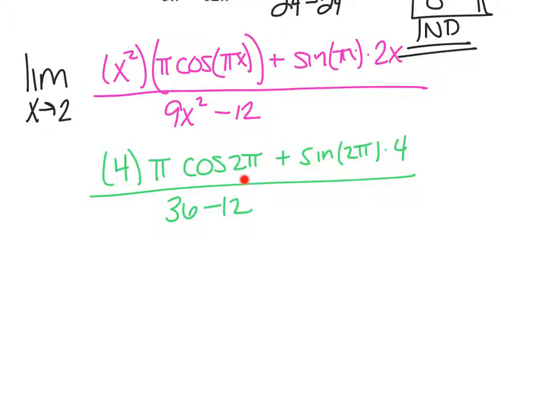And again, I'm going to think of the curve for the 2 pi's. The cosine of 2 pi, when I picture the curve, is 1, so that just disappears, and I'm left with 4 pi. The sine of 2 pi is 0, so that kills that whole side completely, which is awesome. All over 24, and of course I can reduce that to pi over 6.